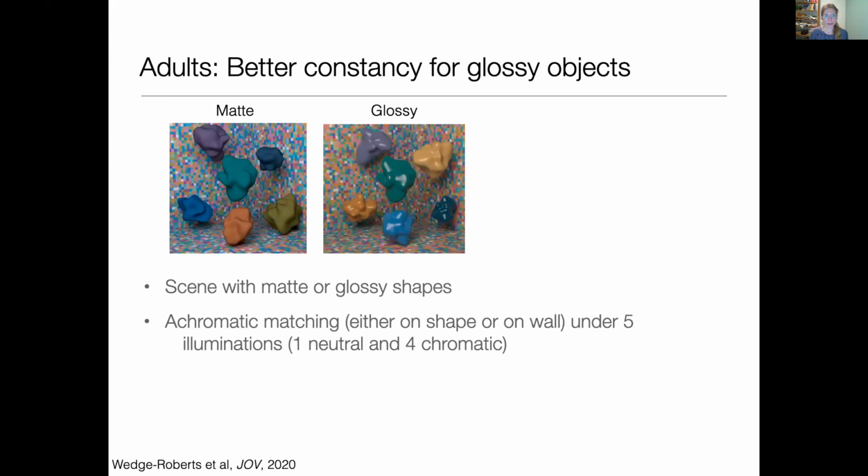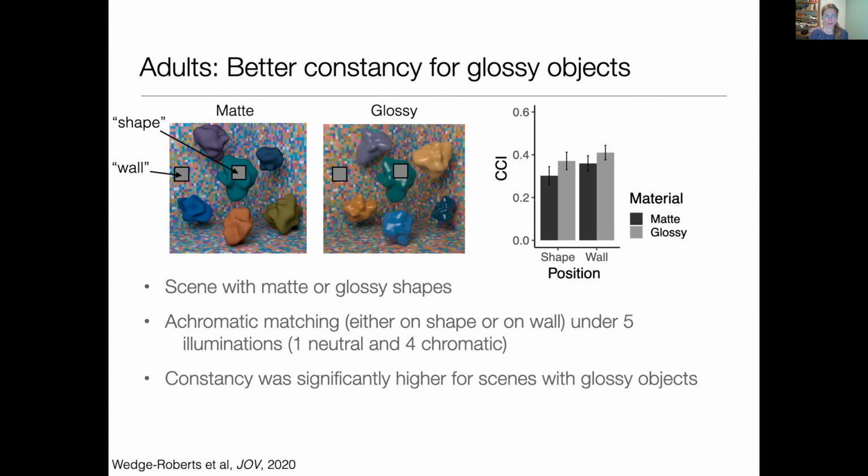We had subjects do achromatic matching under 5 different illuminations, and the matching patch could either be on the shape or on the wall. And we found significantly higher constancy for scenes with glossy objects. So in this graph on the right, matte color constancy index is shown with gray bars, and glossy is shown with light bars, and position is on the x-axis.